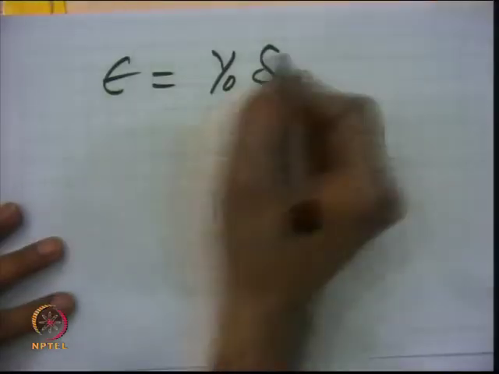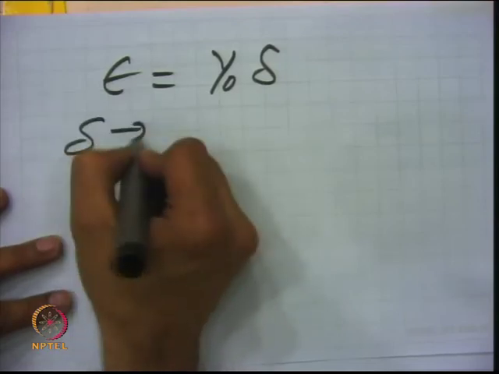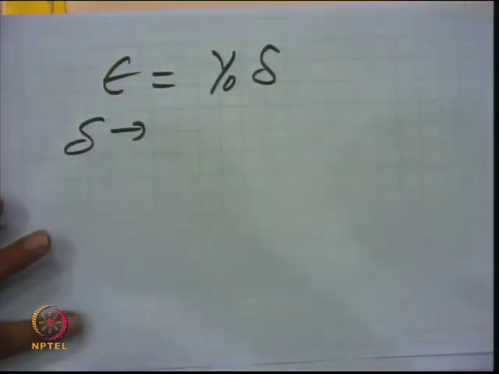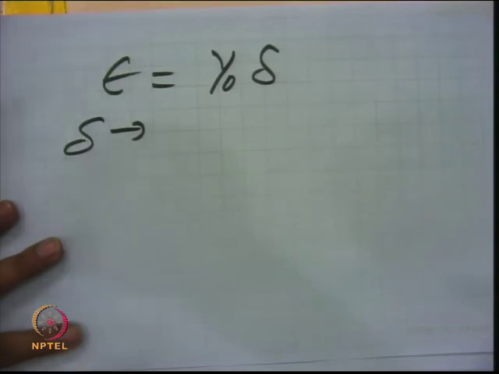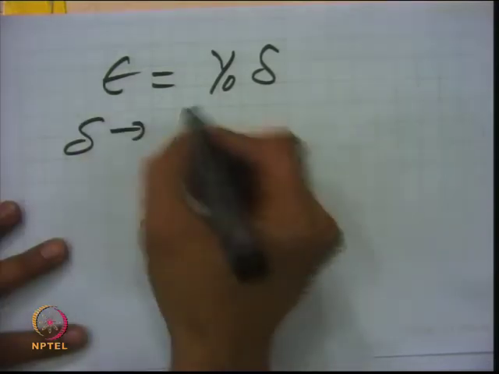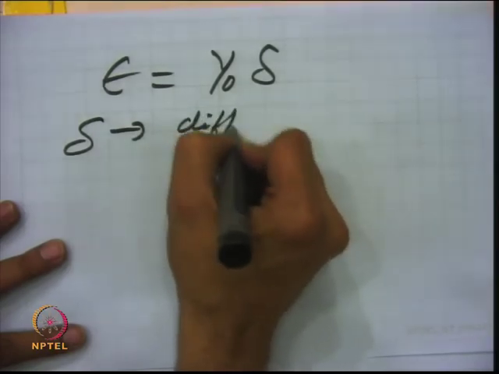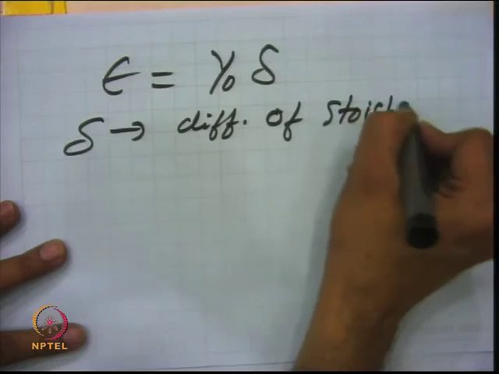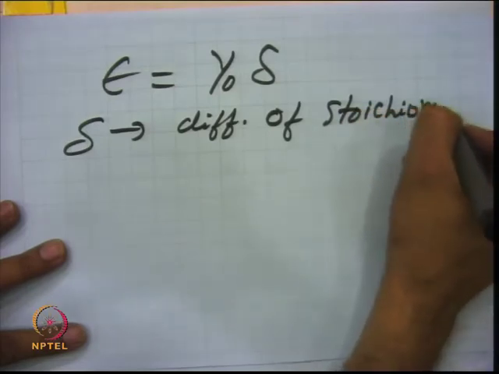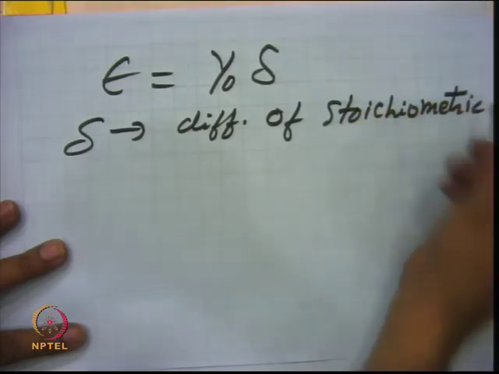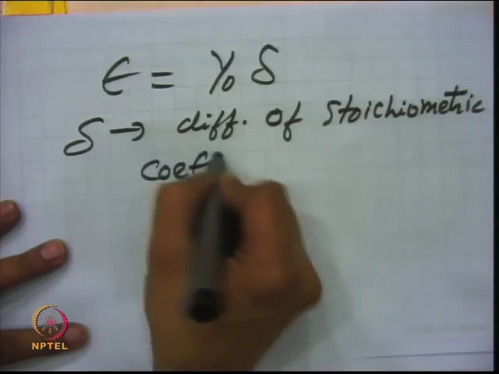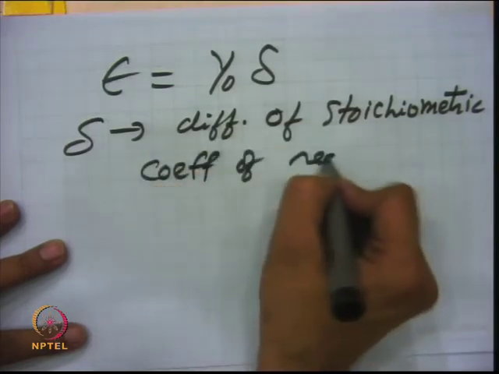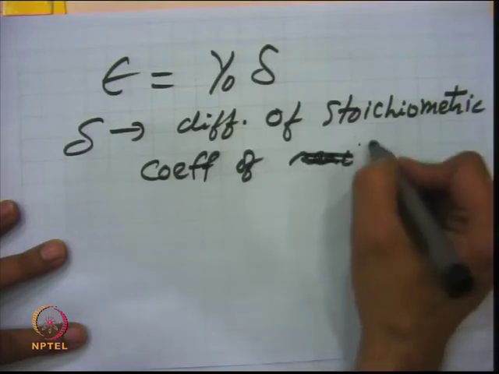And what is delta? Delta is the difference of stoichiometric coefficients, the sum of stoichiometric coefficients of the products minus the reactants. I will write products and reactants.